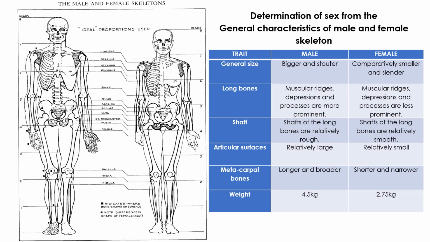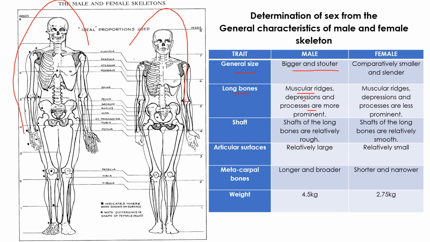And here we can see the male and female skeletons, complete skeletons. So what are the basic differences between these two? The trait of general size: males are bigger and stouter, while females are shorter and slender. The long bones have muscular ridges, and depressions and processes are more prominent.